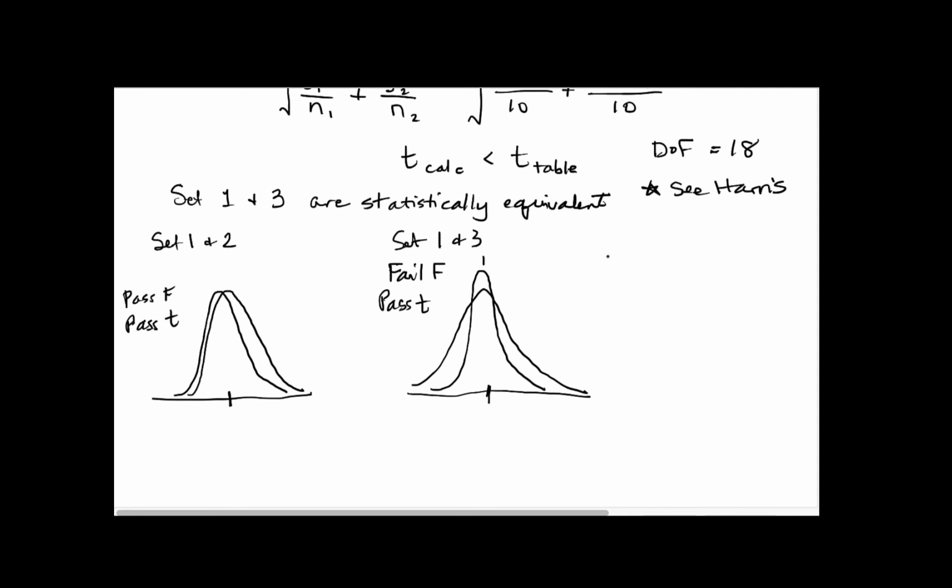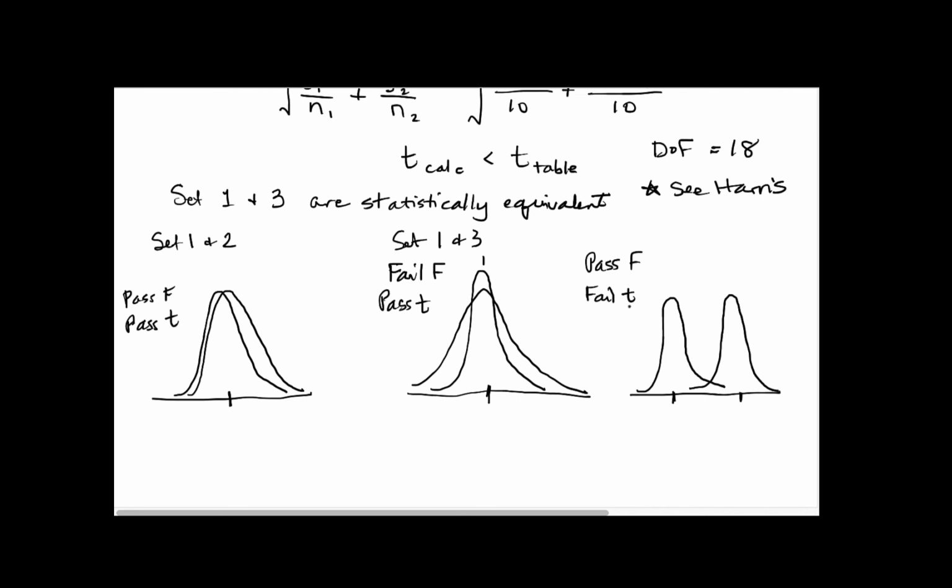So we can imagine a situation where we could pass the F-test, but fail the T-test. That might look like 2 standard deviations that were pretty similar to each other, but we don't have much overlap between our 2 data sets, so their means are pretty different from each other.